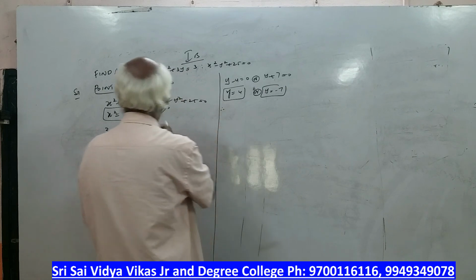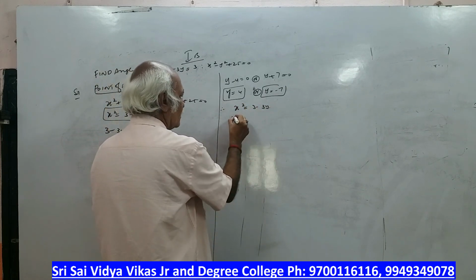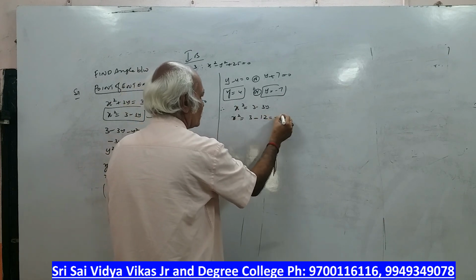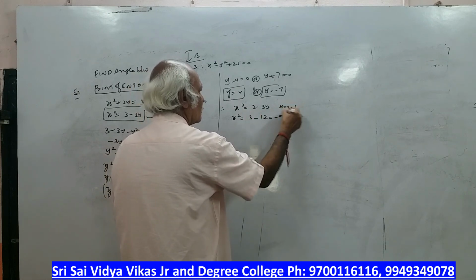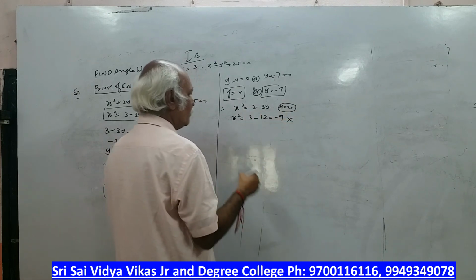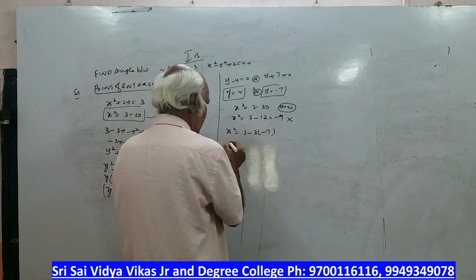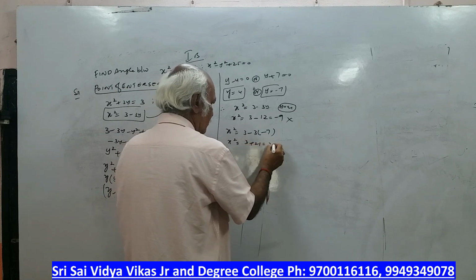Therefore, here x square is equal to 3 minus 3y. Putting y is equal to 4, x square is equal to 3 minus 12, which is minus 9, so this is not possible. Next, x square is equal to 3 into minus 7, so x square is equal to 3 plus 21, 24.